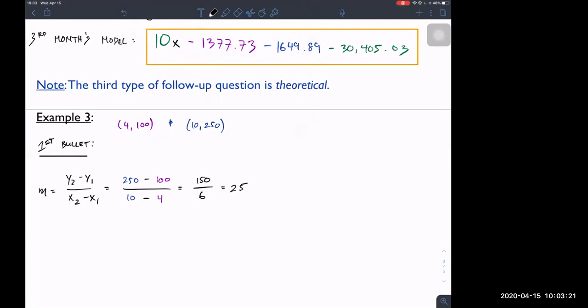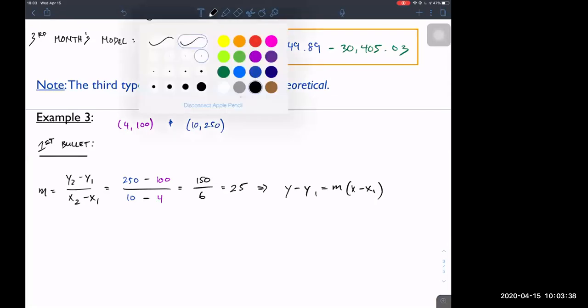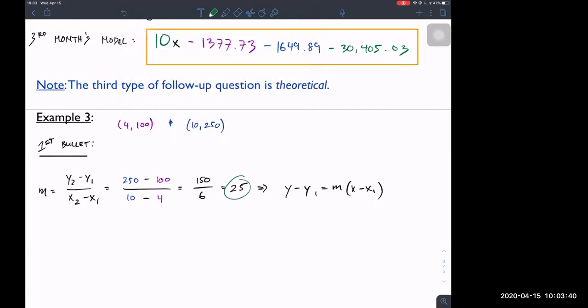Then from there, we use the point-slope formula, or again, as I've said many times in class, you can use the slope-intercept formula as well. It just depends on your personal preference of how you arrive at said equation. And remember, I always use the smaller of the points. So this 25 is the slope, and that goes right there. I'm going to use 4 right there and 100 right there.